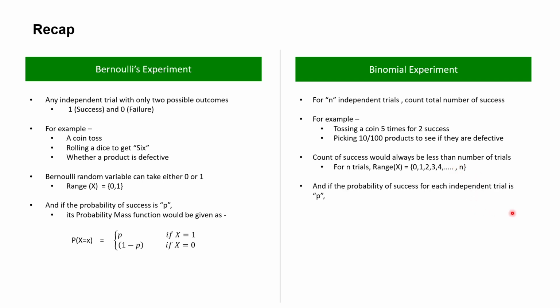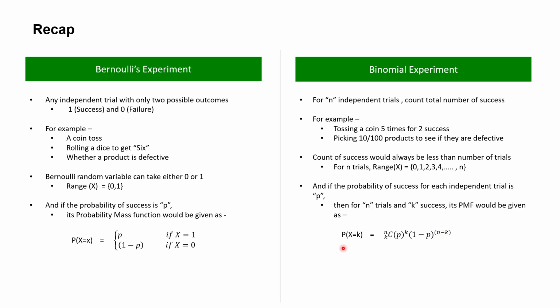And likewise, if the probability of success of each independent trial is p, then for n trials and k successes, its probability mass function would be given by this complex formula: n choose k, p to the power k, and then 1 minus p to the power n minus k.